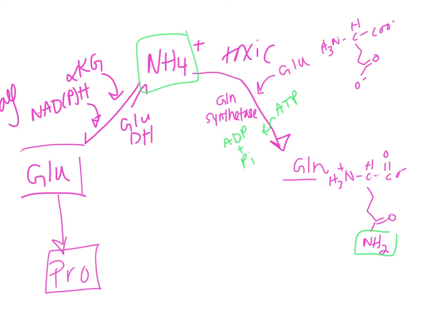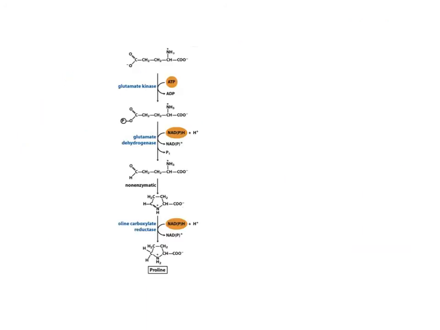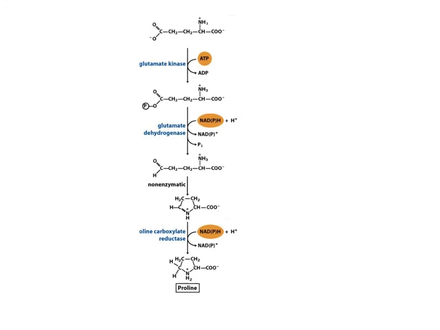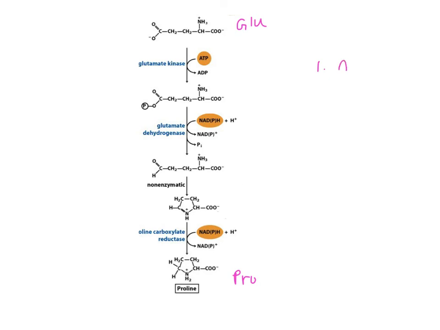All right, so this is not a pathway that I am expecting that you memorize, but I do want you to see we are starting with glutamic acid at the top and we are ending with proline at the bottom. A couple things to realize, that overall this costs an ATP if you're starting with glutamic acid, and it also costs 2 NADHs or NADPHs.